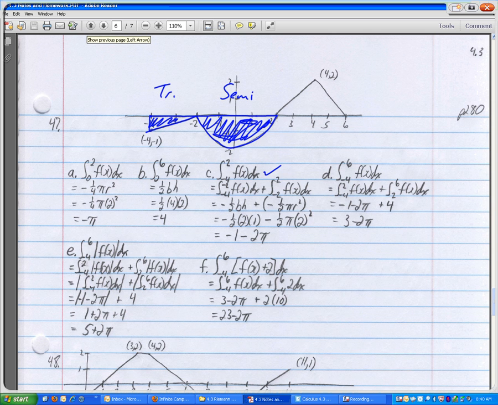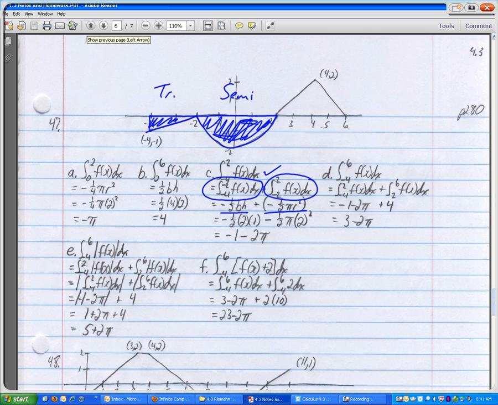So let's divide our interval up so that we get a triangle and a semicircle. So the integral from -4 to -2 of f of x dx, then the integral from -2 to 2 of f of x dx. Okay? Now, both of these are below the x-axis, so I'm going to get negative signed areas. So -1/2 base times height, -1/2 pi r squared.